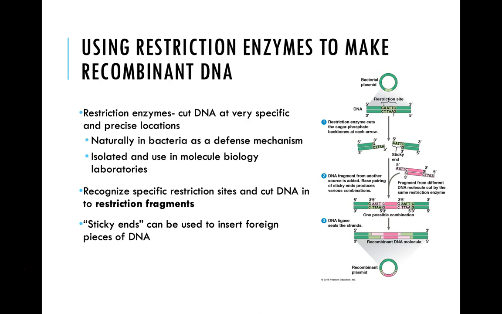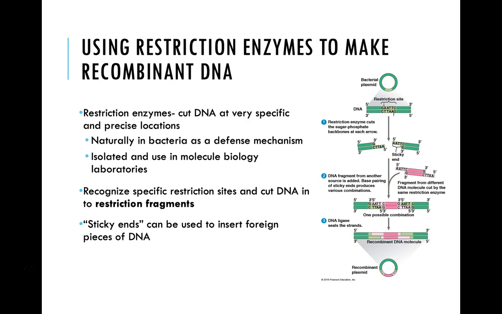We cut that plasmid at a specific site, and then we stick in a gene from somewhere else. This might be a gene for firefly luciferase, a gene that causes the firefly abdomen to glow.